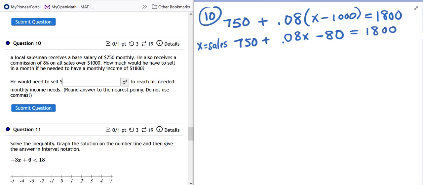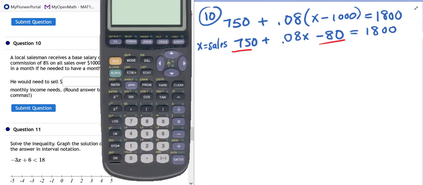Right, and then these like terms should go together that are on the same side. So we have 750 minus 80, 670, plus 0.08x equals 1,800.